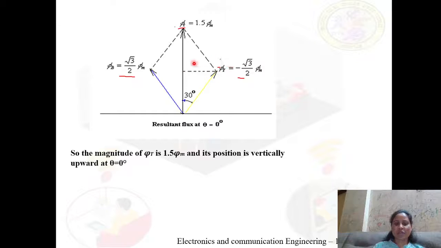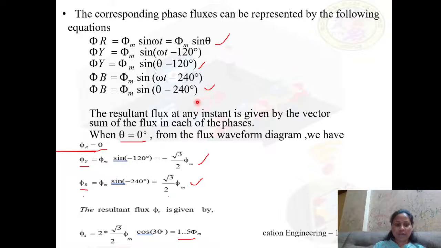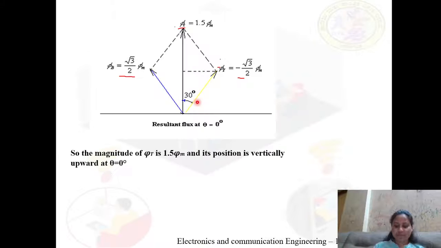Considering this triangle A, B and C, this is 30 degree, from here to here it will be 60, and this is 30 degree. So cos 30 will be equal to adjacent divided by hypotenuse.